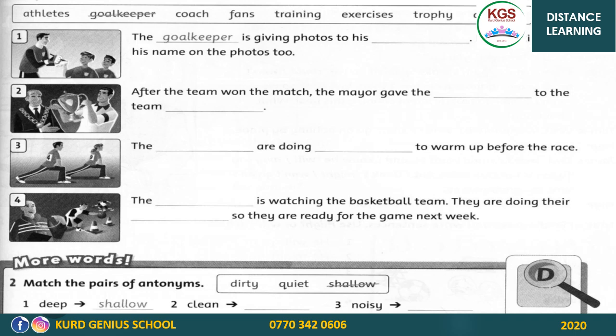Okay, antonyms, they are opposite of each other. So the first one is already done. First one says deep, shallow. Deep and shallow are antonyms. Clean, what is the opposite of clean? It's dirty. And then noisy, what is the antonym of noisy? It is quiet, just like I say it every time in your classes.